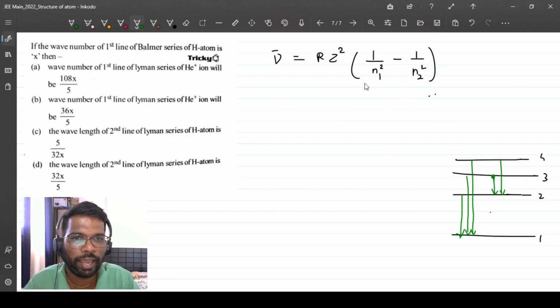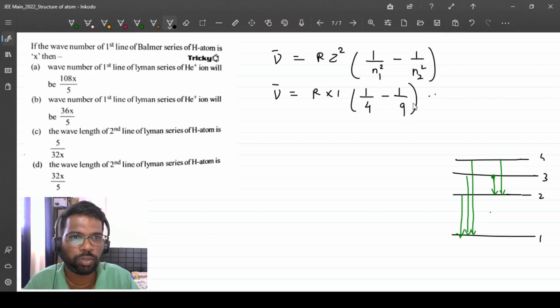So what is n1 over here? Wave number will be equal to R into, Z is 1, 1 square will be 1. So 1 upon n1 square, n1 is 2, that is 2 raised to 2 is 4, and this is 3, 3 raised to 2 is 9.